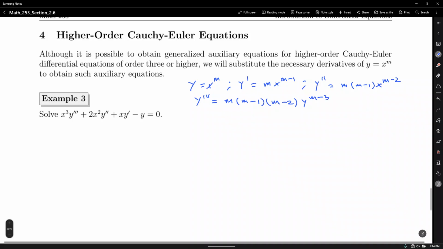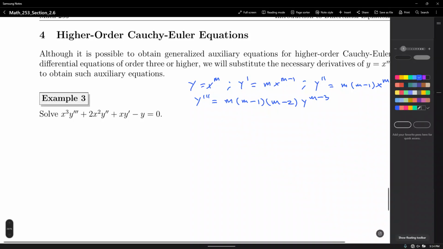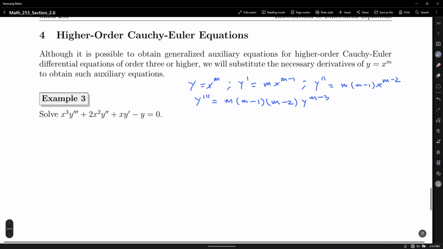All right, so let's substitute everything where it corresponds: the third derivative here, second derivative there, first derivative here, and y is just x to the m. For one, this would be x cubed, third derivative, all this madness: m times m minus 1, m minus 2, x to the m minus 3.